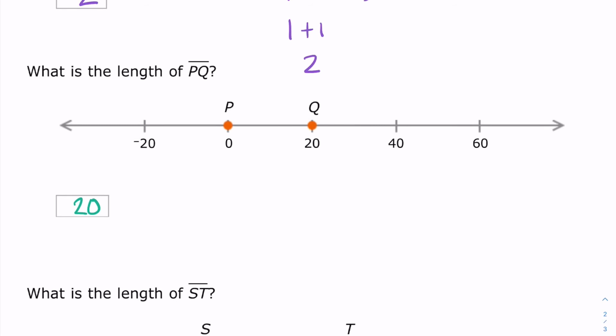Another thing we can do is 20 take away 0, which is 20. And that's just another example of knowing that we're always going to get a positive number for our distance, because distance always has to be positive.